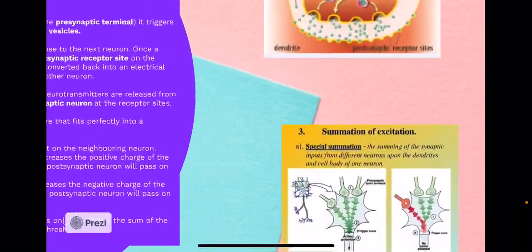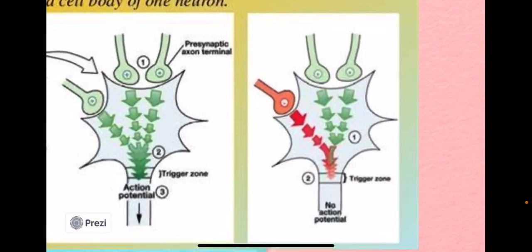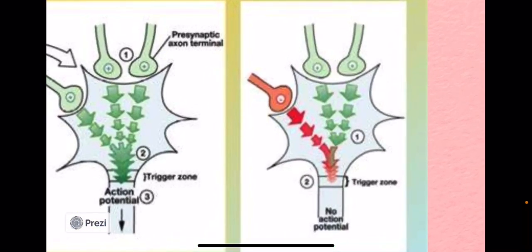If we have a look at the diagram again, if there isn't enough neurotransmitter connecting with those receptor sites, then it will not reach the threshold within that trigger zone, and there will not be an action potential. So that message, whether it's inhibitory or excitatory, will not be passed on.